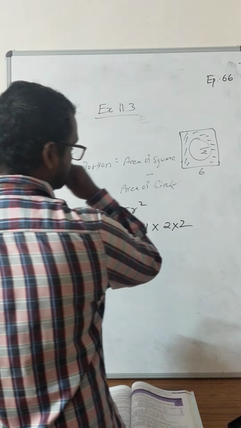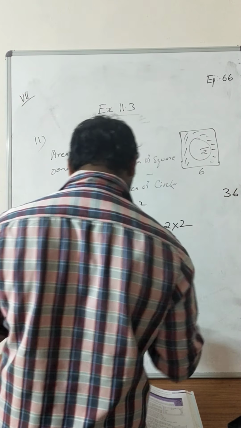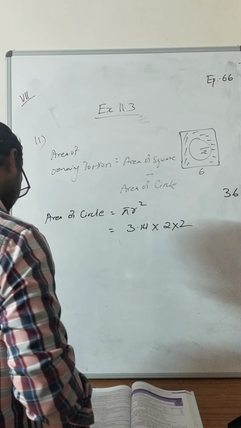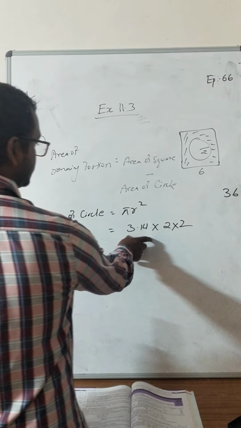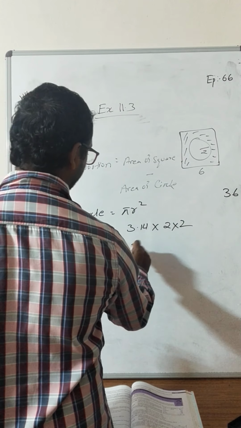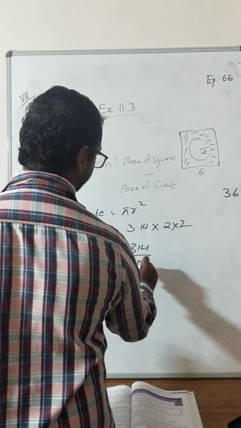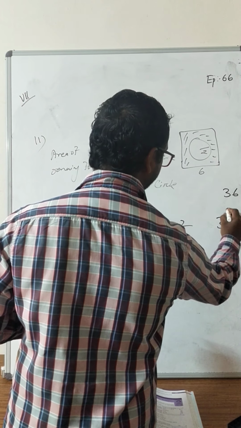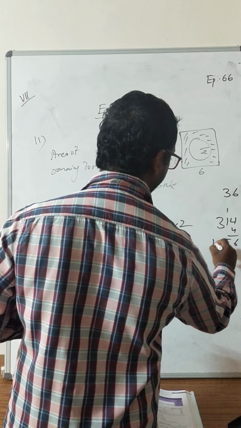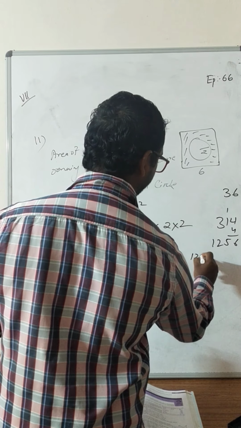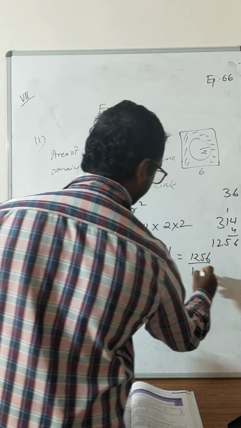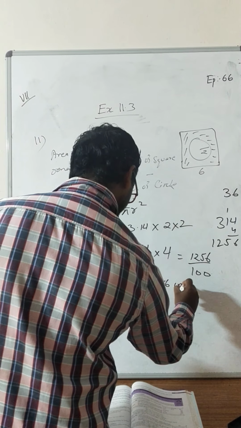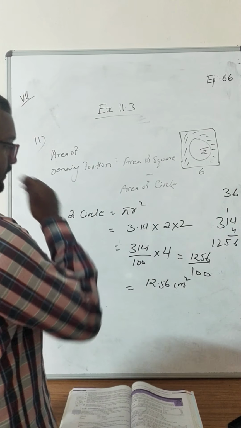So we get 314 divided with 100 into 4. 314 into 4, 4 4 16, 4 1 4 5, 4 3 12. We will get 1256 divided with 100. The final answer we will get is 12.56 centimeters square. This is the area of the circle.